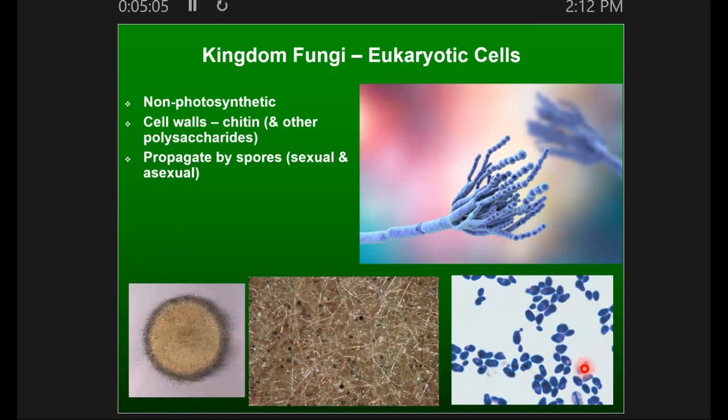And then this far right image is unicellular fungi, which we usually refer to as yeast. Okay, so yeast grow in that unicellular morphology, kind of looking egg-shaped. And we use the yeast in many different ways, which we'll mention a few in a little while here.